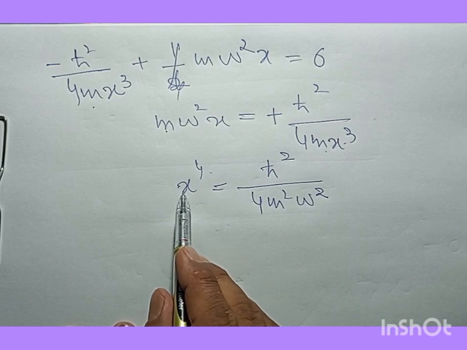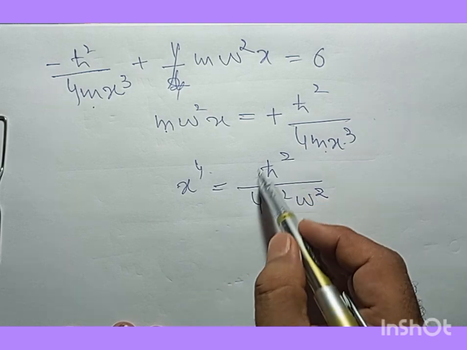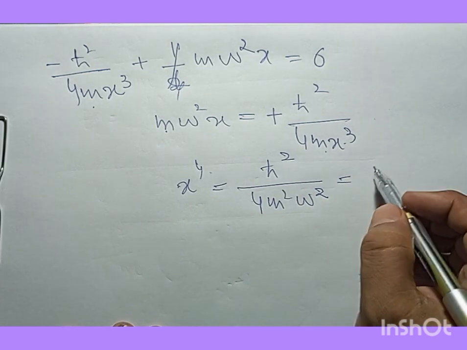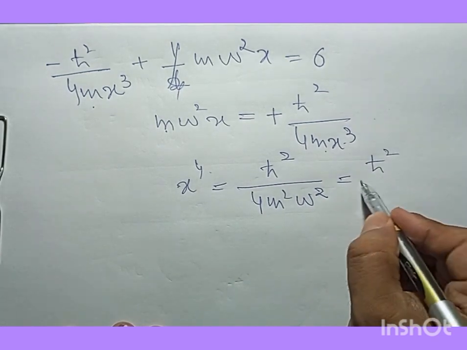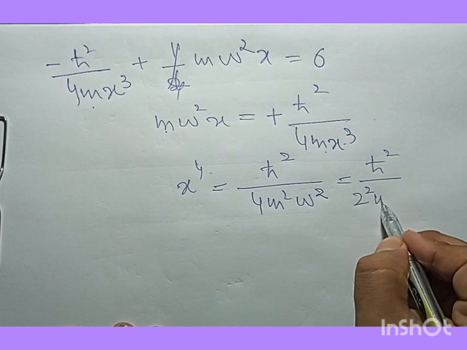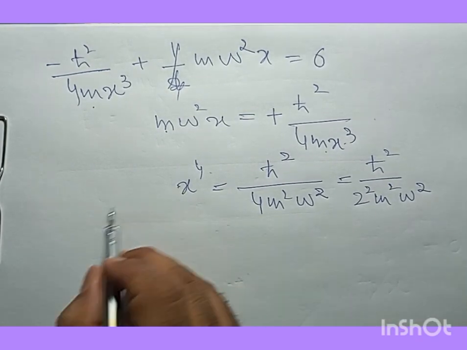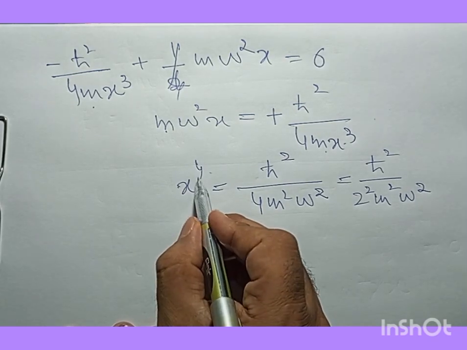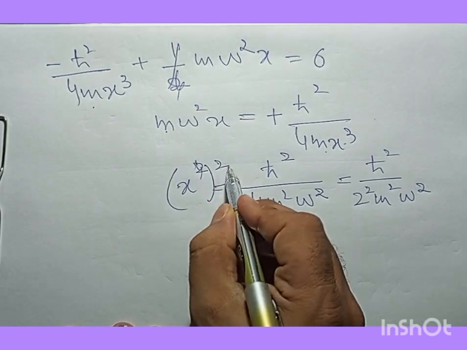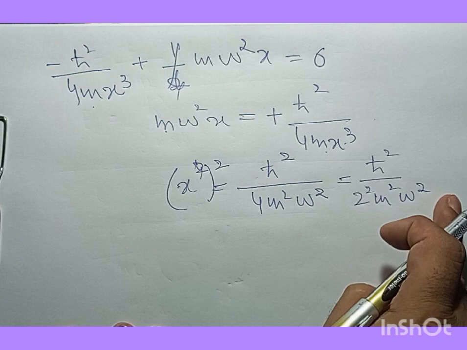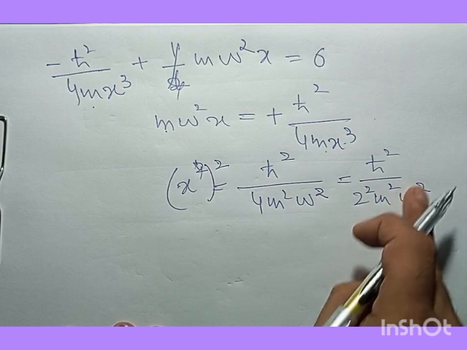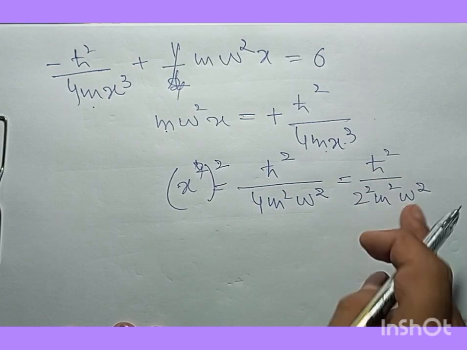Now, if this is x raised to power 4, and the right side is the square of something, we can write this as h cross square by 2 square m square omega square. So I can write the left side as x square whole square. We can take the square root on the right-hand side, and the squares and roots will cancel.